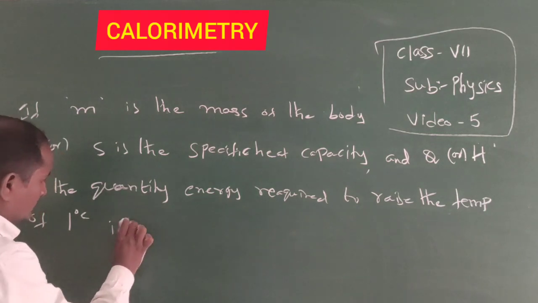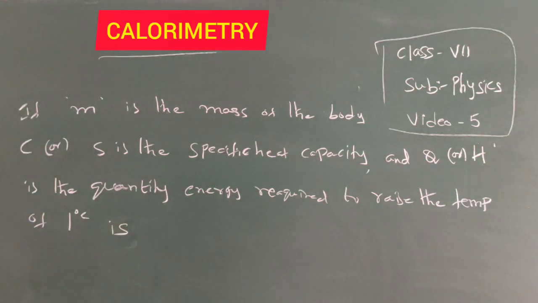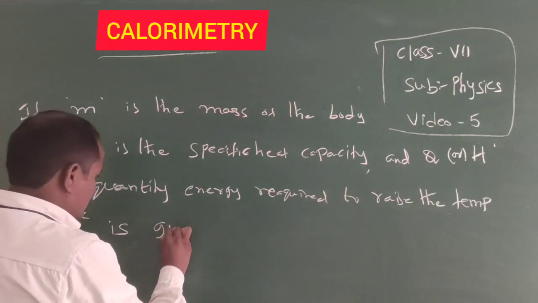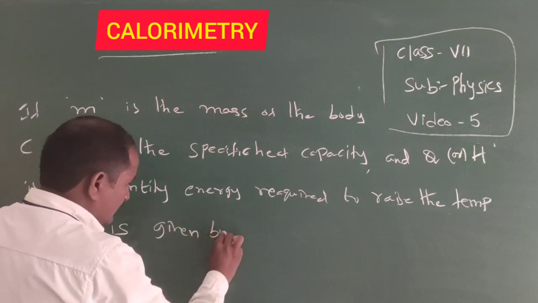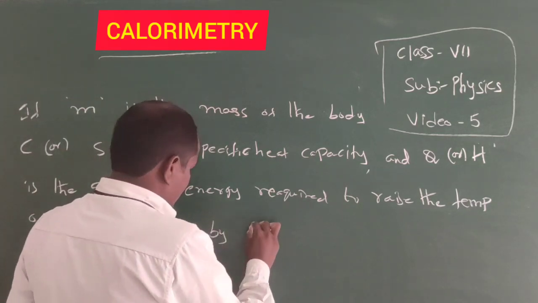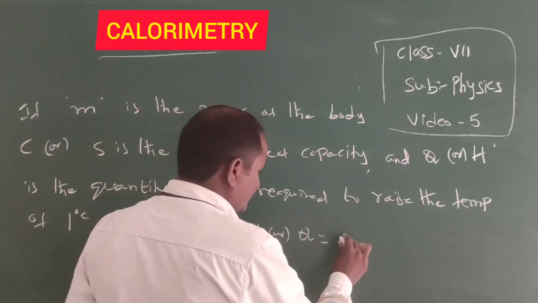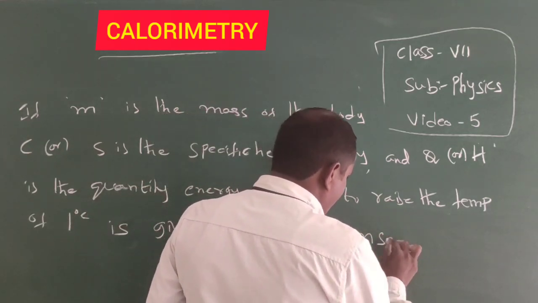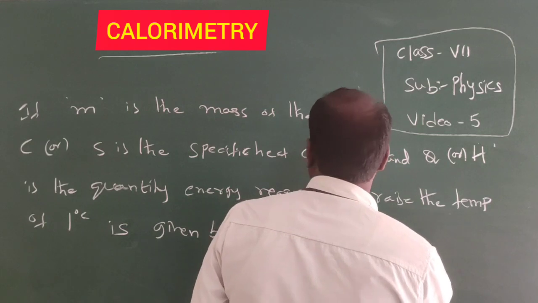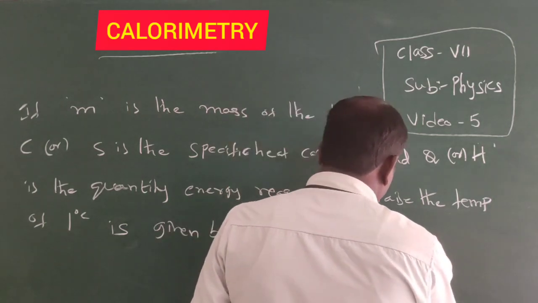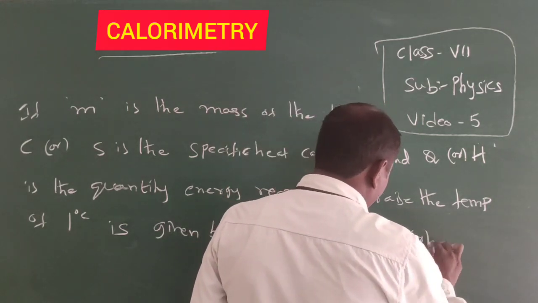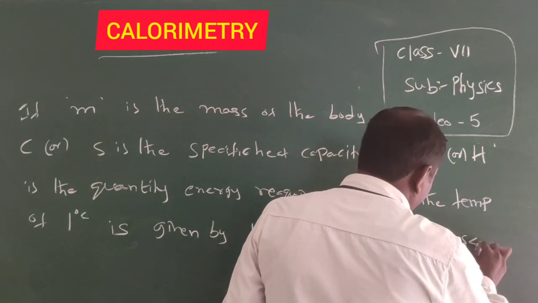it is given by H or Q equals m into s into theta, or we can write m s delta T also.